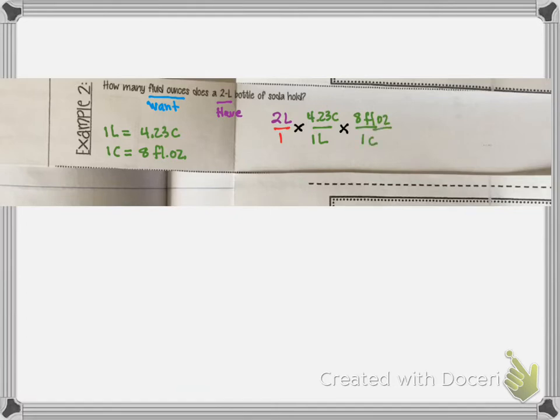Now look what happens. Liters cancels with liters, cups cancels with cups, and the only label left is the label I wanted, which is the fluid ounces. Flosses. Okay, so let's go ahead, and I think what I'm going to do is multiply 2 times 8, which is 16, and then I have to multiply that by that 4.23.